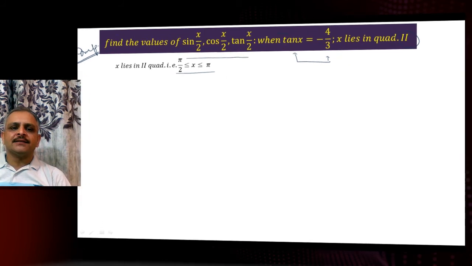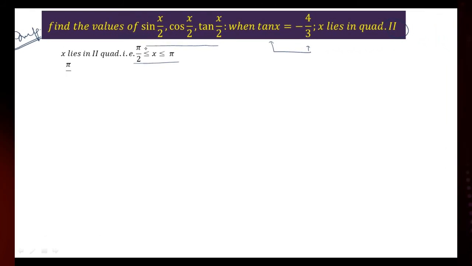If x lies in the second quadrant, then if I divide this inequality by 2, x by 2 will lie between pi by 4 and pi by 2, which is in the first quadrant. That means all the trigonometric ratios having the angle x by 2 will be in the first quadrant.